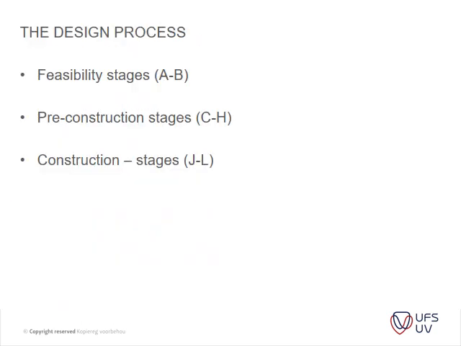Then we look at the design process. Our design process can be divided into three main areas. You will notice that these parameters, the feasibility stage, the pre-construction stage, and your construction stage, are basically a summary of the 6 stages that we use.